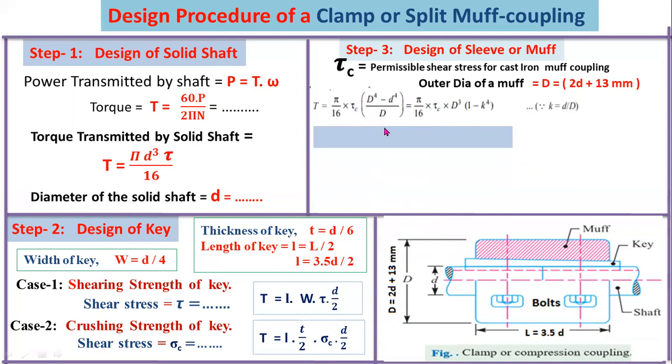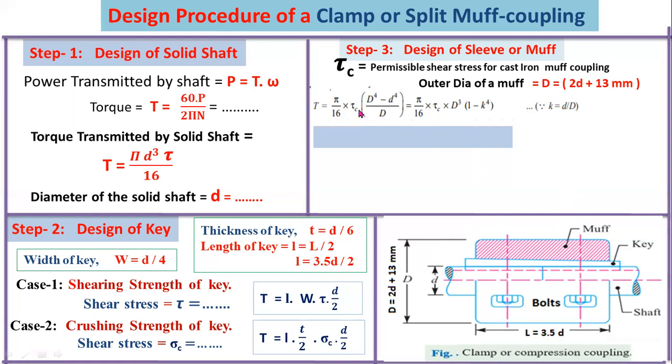Now this is the formula for torque transmitted by the hollow shaft. Here you can observe this sleeve or muff coupling is a hollow shaft, so you have to design it as a hollow pipe.